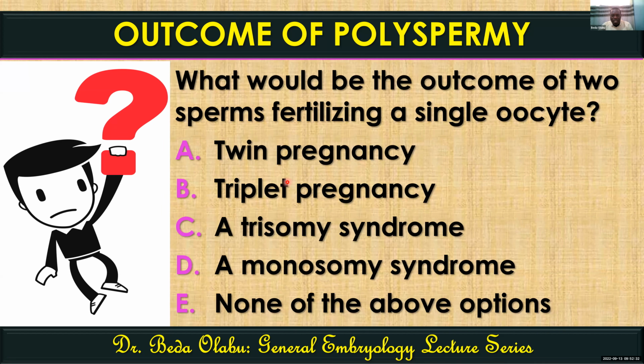Anyway, let me look at it this way. If a trisomy syndrome has 47 chromosomes in total, that's a trisomy syndrome. But if you have two sperms fertilizing a single oocyte, how many chromosomes will the zygote have? Mtega, how many chromosomes will the zygote have?